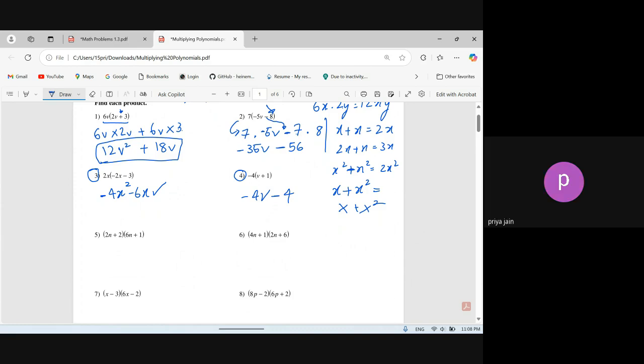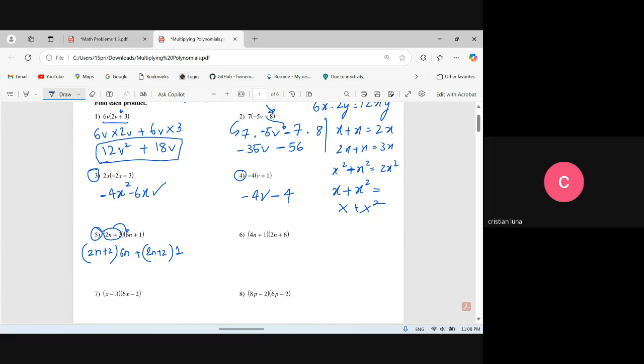Let me do the fifth one. Sure. For this one, you pick this as one entity, and then whatever we used to do before, we'll do that. So we'll take this, multiply it with this one. That's going to be 2n plus 2 times 6n plus 2n plus 2 times 1.